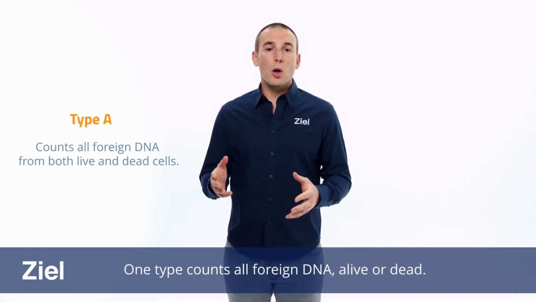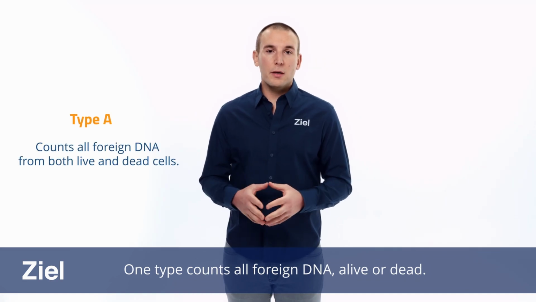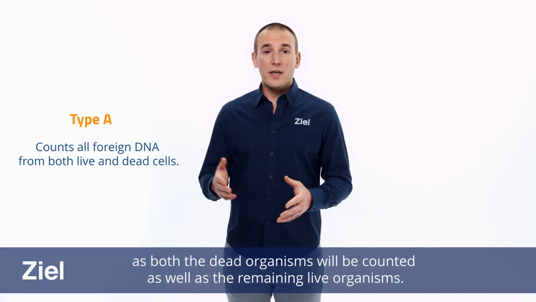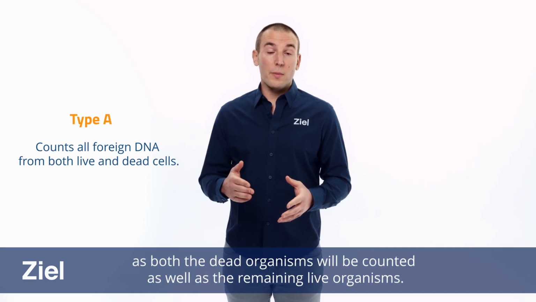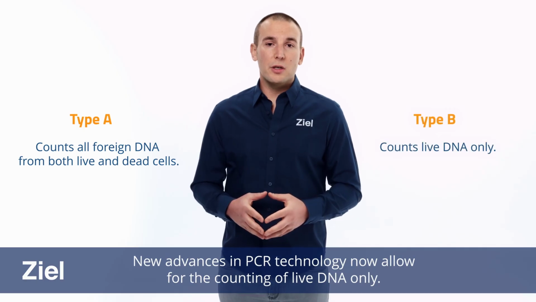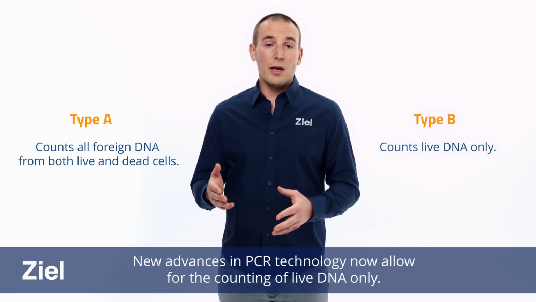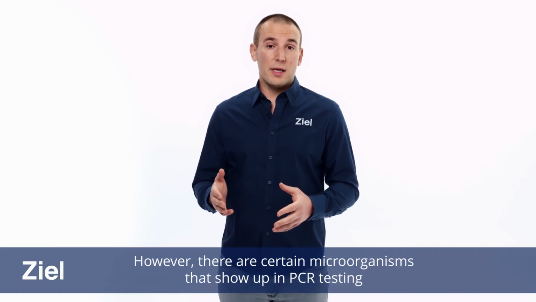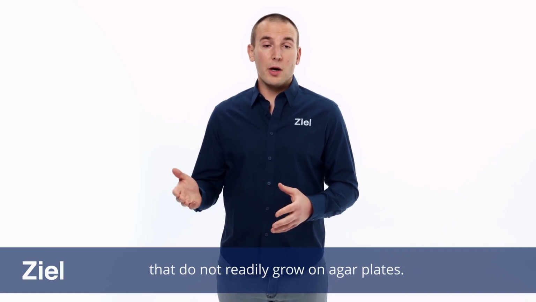One type counts all foreign DNA, alive or dead. This means any type of remediation will be read as ineffective, as both the dead organisms will be counted as well as the remaining live organisms. New advances in PCR technology now allow for the counting of live DNA only. However, there are certain microorganisms that show up in PCR testing that do not readily grow on agar plates.